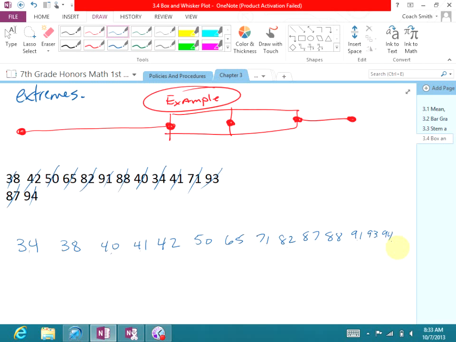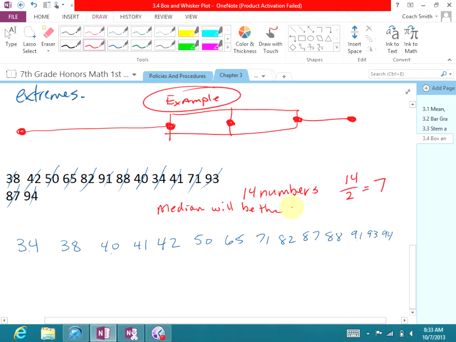Well, I have 14 numbers. So if I take 14 and divide it by 2, that is equal to 7. So my median will be the 7th and 8th numbers.